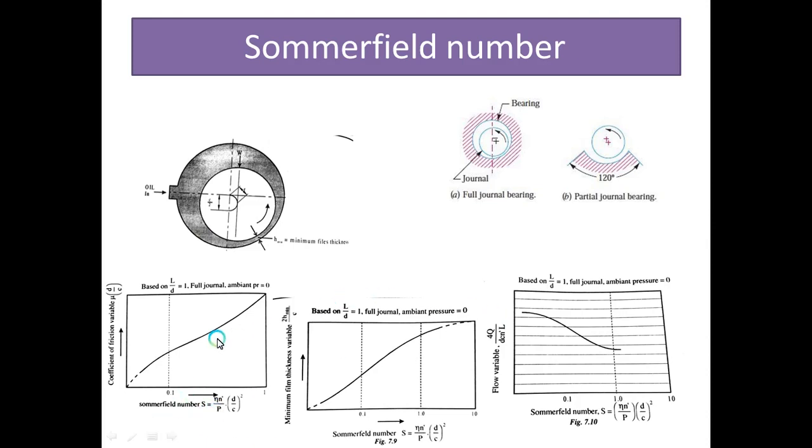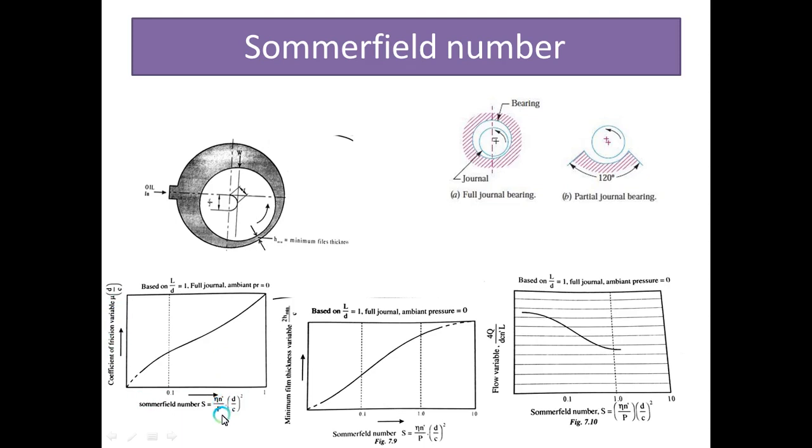Sommerfeld number is extensively used in lubrication analysis, and for the three things I told you, we can calculate by using the graph. You can see in this region that as the Sommerfeld number increases, the coefficient of friction also increases.